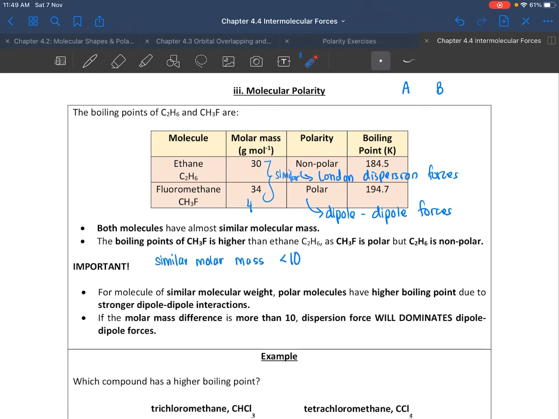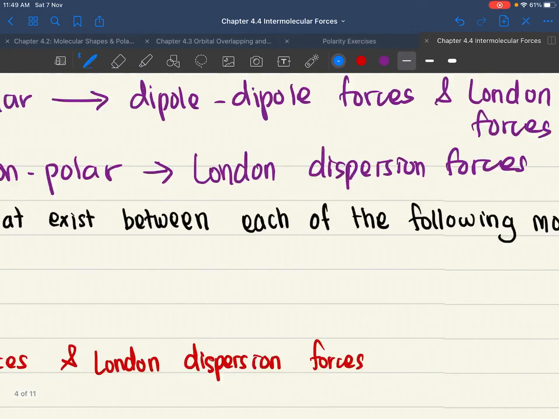Okay. And then, tapi what happen kalau dia punya difference more than 10? Okay. So, let's say kita ada satu molecule 30. Another molecule is 50 gram per mole. Okay, so dalam keadaan ni, kita assume dia punya molar mass dia difference. So, bila molar mass dia difference, so kita kena tengok balik to the first factor lah.